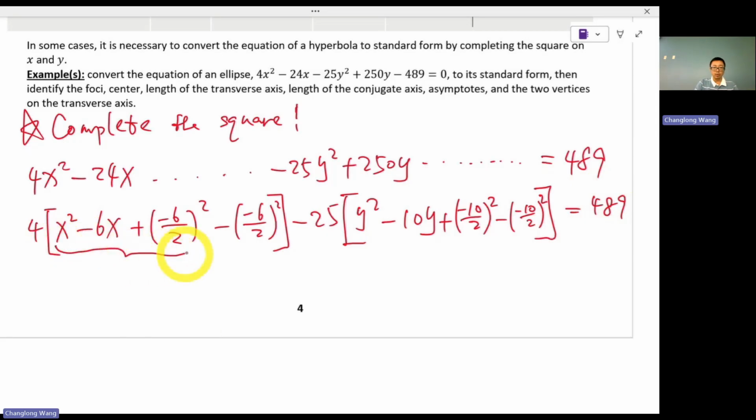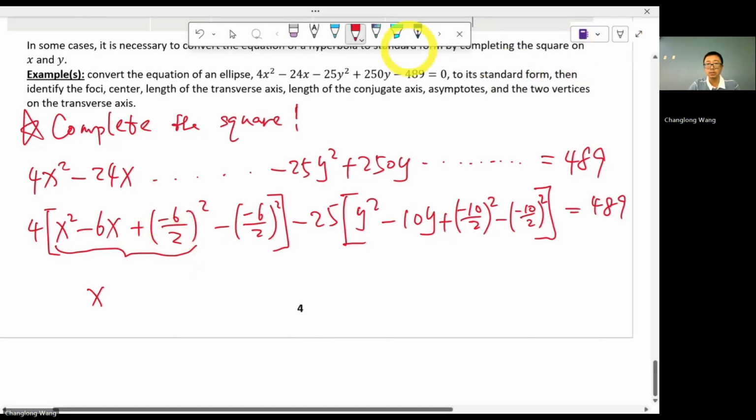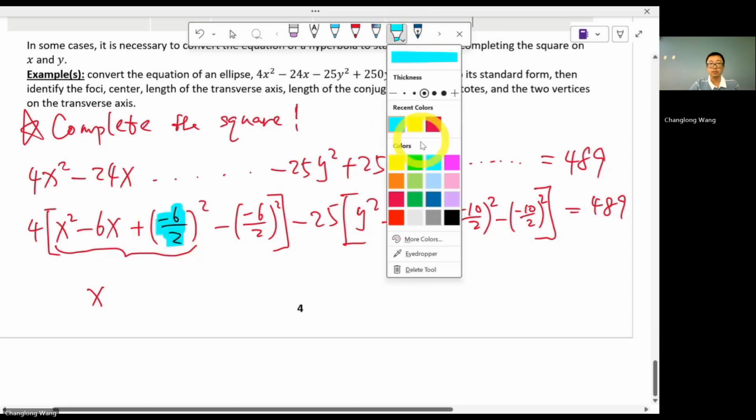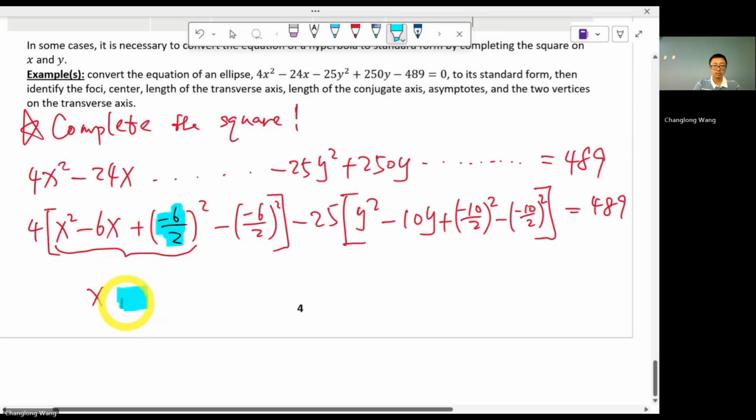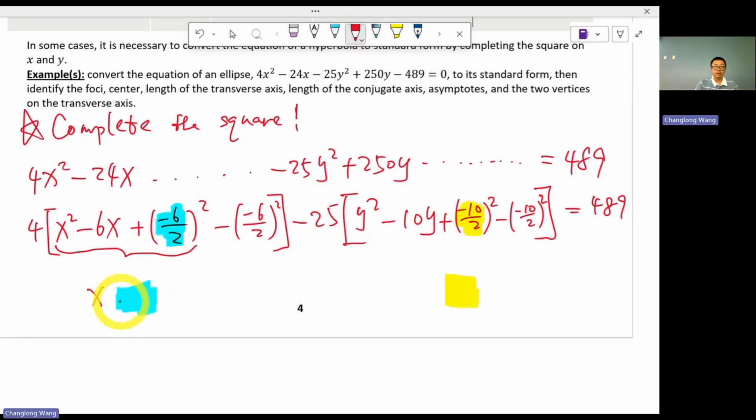So now you can complete the square, right? By factoring this guy, and all you have to do is just start with the x, then take whatever this number is in the parentheses. So it'll be -3, right? Close the parentheses, square it, right?